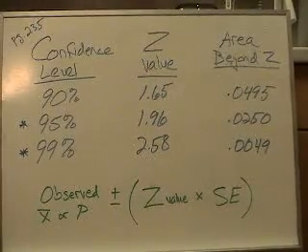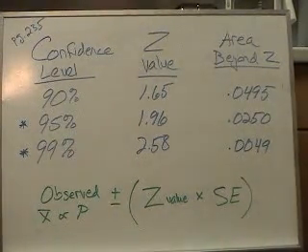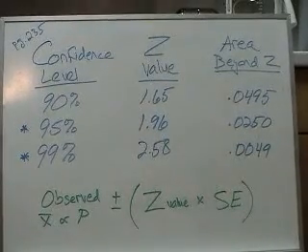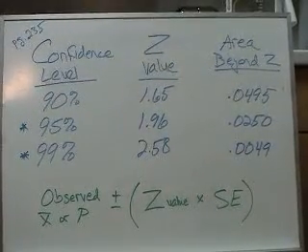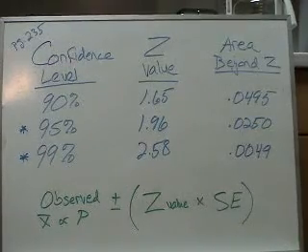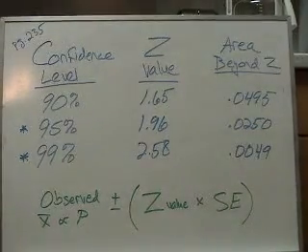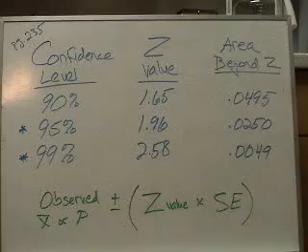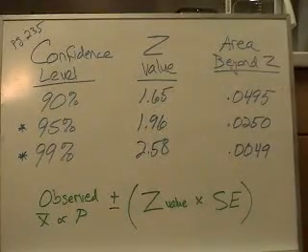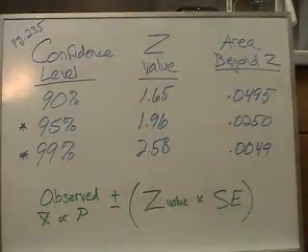Okay, you add those up and you get 5%. Likewise, if you look at the 99% confidence interval, then we have a corresponding z-value of 2.58 and an area beyond z of 0.0049, or 1/2 of 1%. Meaning if you add those two areas beyond z, or in the tail together, you get 1%.